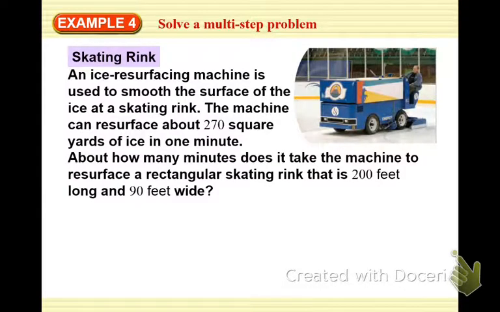How many minutes does it take the machine to resurface a rectangular skating rink that is 200 feet by 900 feet wide? Several things going on here. How would you solve this problem? Any ideas? What do we have to find first?